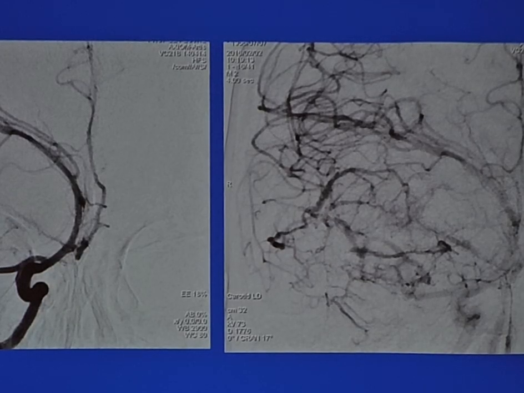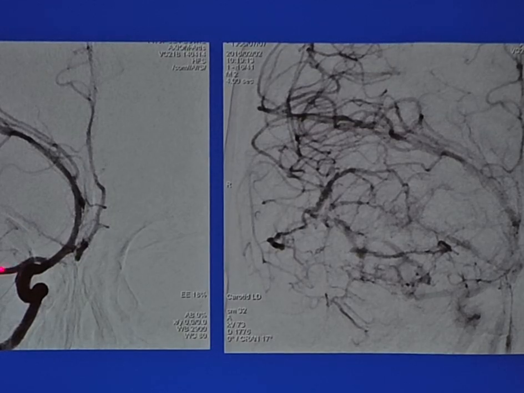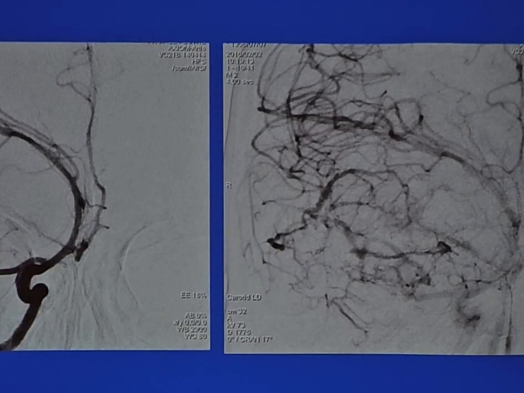What's this one? What's this artery? Exactly. So this is the ophthalmic artery, the recurrent meningeal, and the middle meningeal is supplying, of course, the tumor.